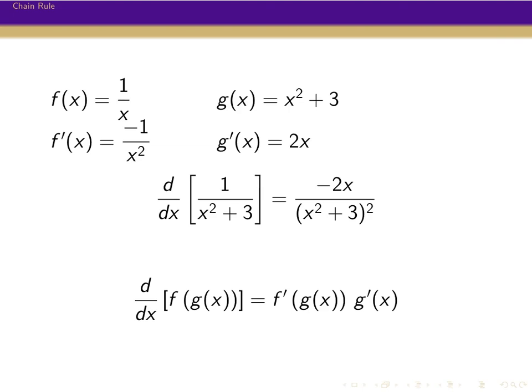So if you want to take the derivative of g of x plugged into f, what you get is g of x plugged into the derivative of f, and then outside you're multiplying by the derivative of g. So you can think about this as being the derivative of the outside with the inside plugged in, times the derivative of the inside.